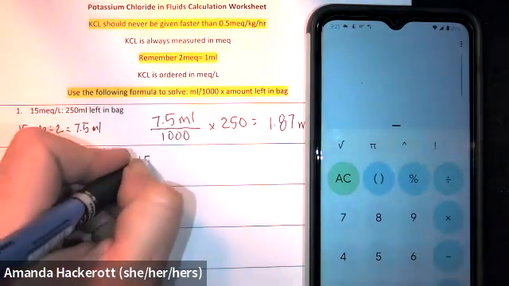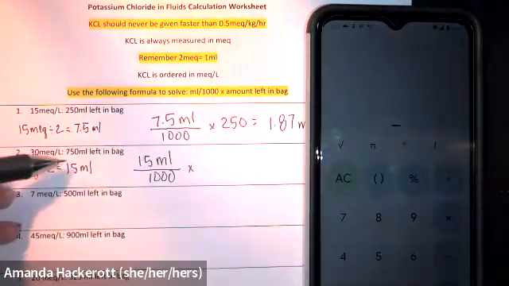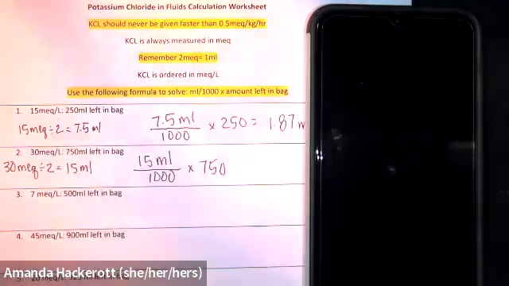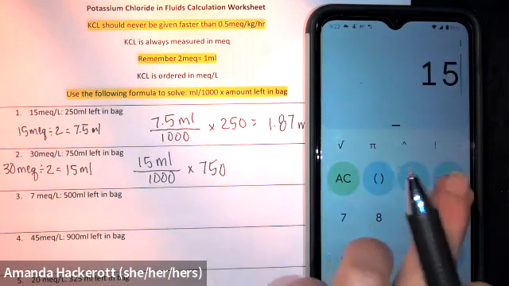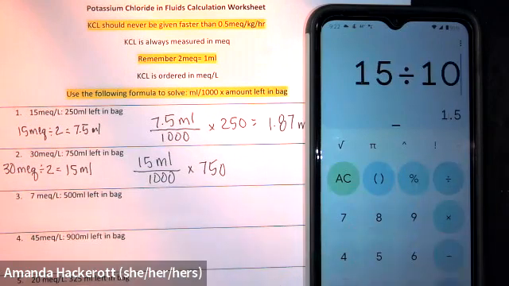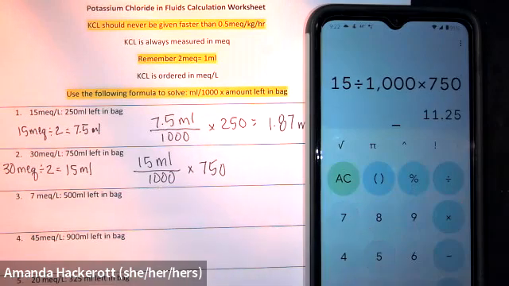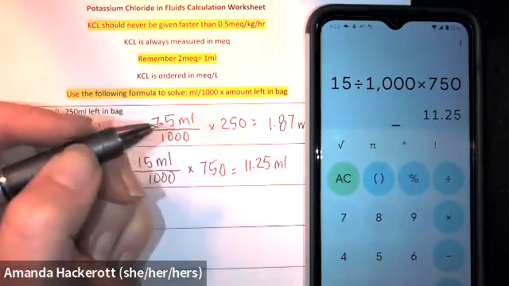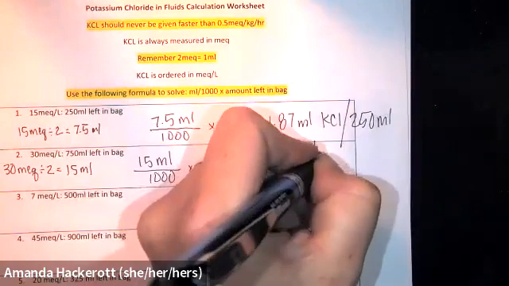So now we take our 15 ml, divide by 1,000, and times by what's left in the bag. And type that into our calculator here, 15 divided by 1,000 times what's left in our bag, and that is 11.25 ml of KCl per 750 ml bag.